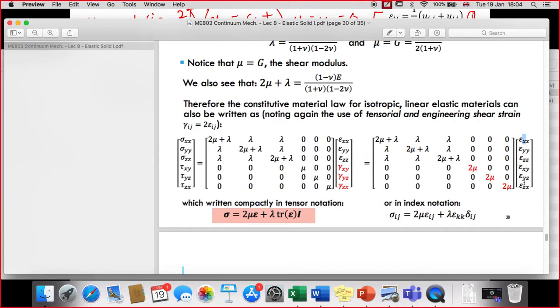Anyone? Hello. If I only have epsilon xx, yeah, epsilon 1,1, which stresses are going to exist? Normal stresses only. The first 3. Excellent. Thank you. It's only the normal stresses that are going to exist, that is, that are going to be non-zero.